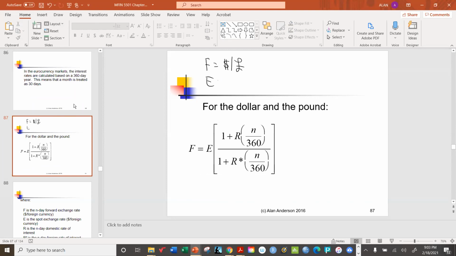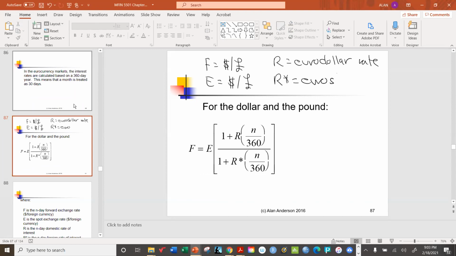E is dollars per pound. And then R is the euro dollar rate of interest. And R star would be the euro sterling rate. And then N is the number of days. For 90 days or 3 months, we would put in a 90 there.